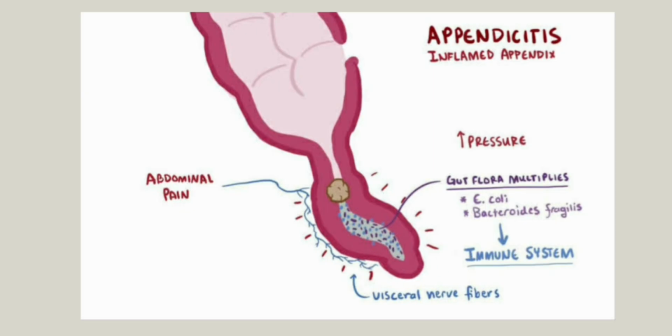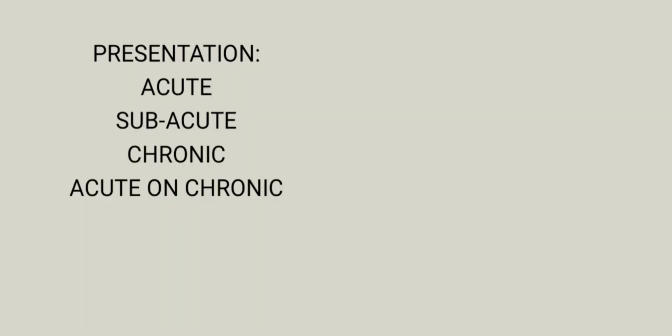This increased intraluminal pressure would cause an ischemic injury to the walls of the appendix. And of course, the ischemia could lead to rupture and spillage of fecal contents into the peritoneal cavity.